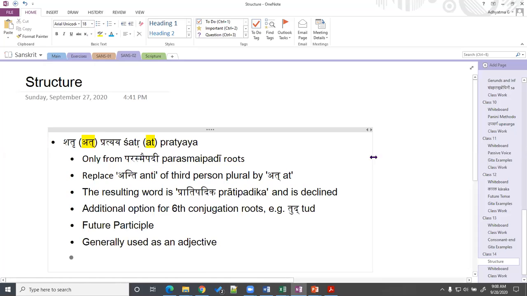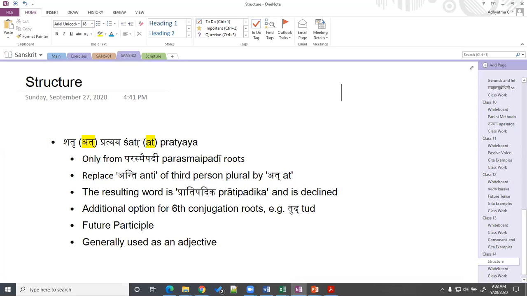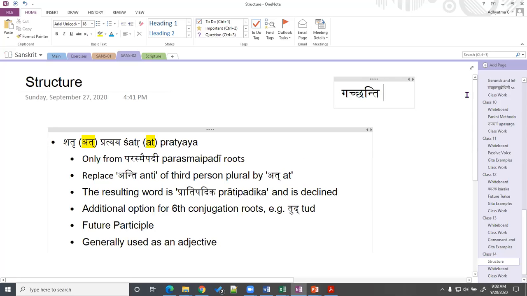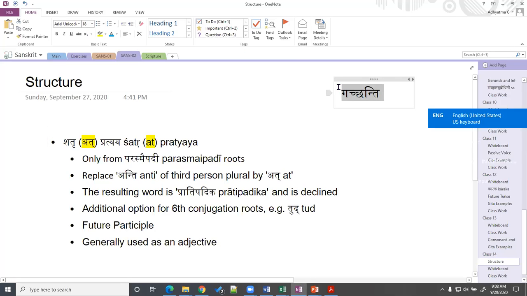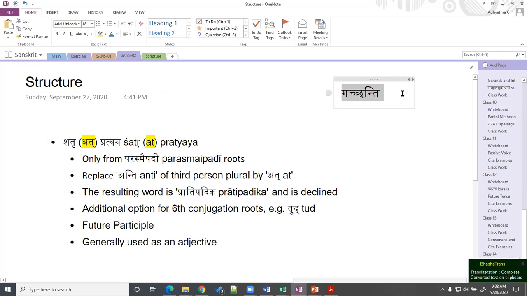So if you make, for example, gam dhatu, gachanti, that is the third person plural of gam. Gachanti. So all you have to do is you remove this anti and replace it by at.